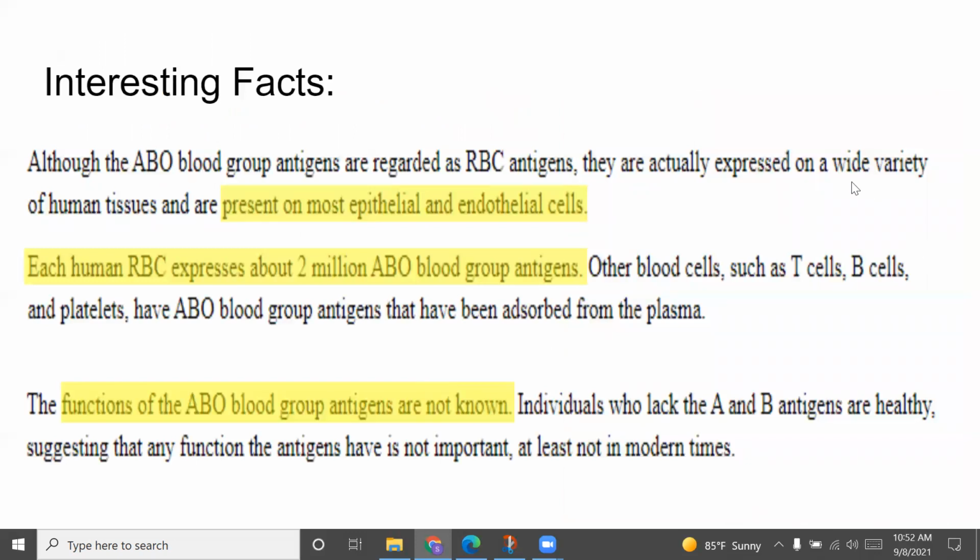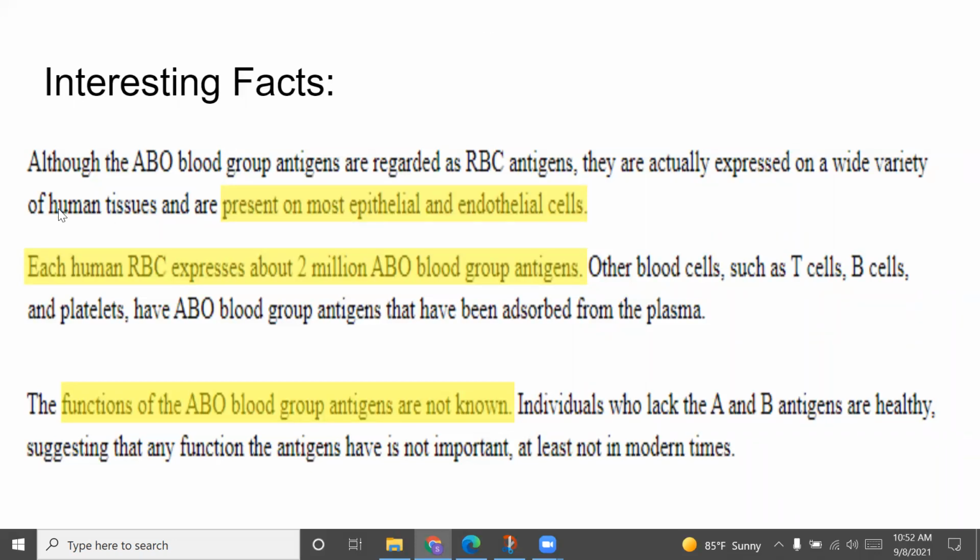Interesting facts. You don't have to write this down. Although ABO blood group antigens are regarded as red blood cell antigens, they are actually expressed on a wide variety of human tissues and are present on most epithelial and endothelial cells. So basically the antigens on the red blood cell, you can find on other cells as well.